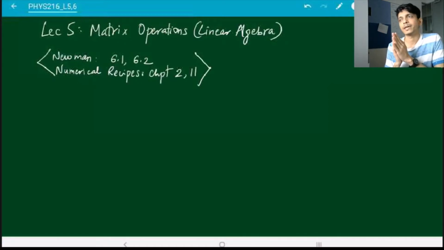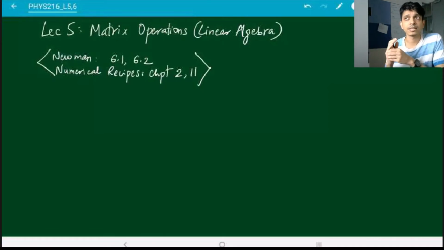Even apart from that, any system which has a large number of different components that you want to work with, so for example, multiple equations with multiple unknowns, you can solve those with linear algebra. Any kind of network that you want to look at, whether it's an electrical circuit or some kind of an online network or a graph theoretical problem, again, linear algebra is very useful over there.